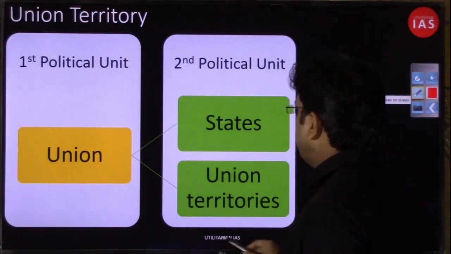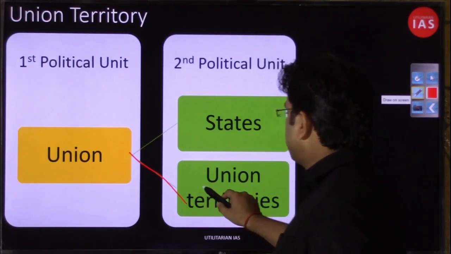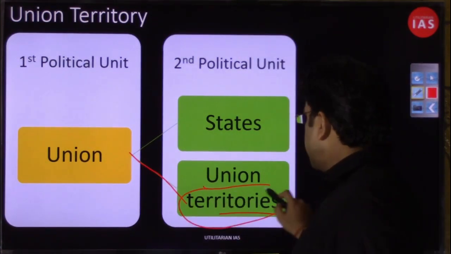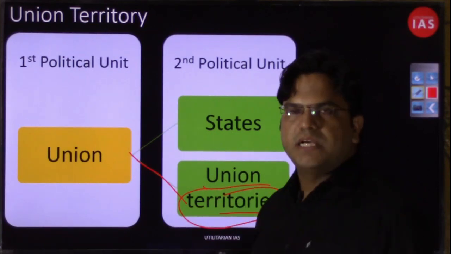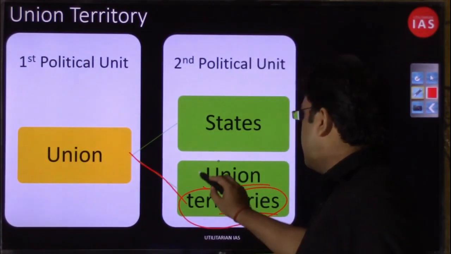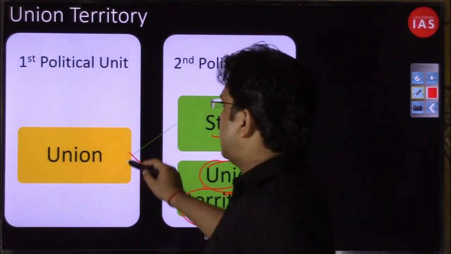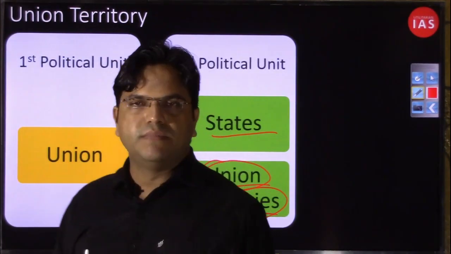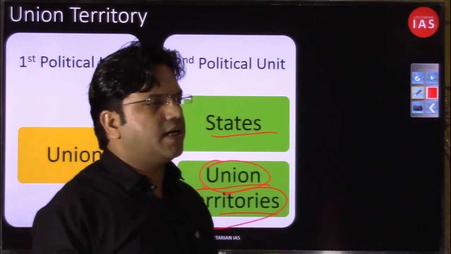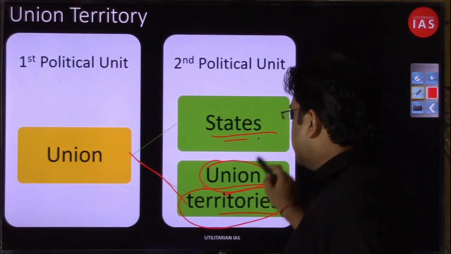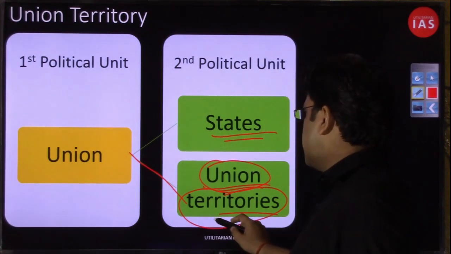Now what about the union territories? Union territories are the territories or entities that will be directly ruled by the union. That was not the case with the state. At the union level you have a government and a separate election, and at the state level you have a separate government and a separate legislature. That is not the case with the union territories.